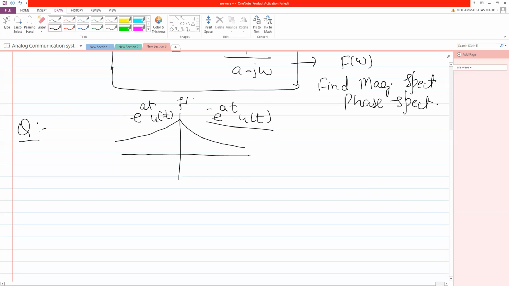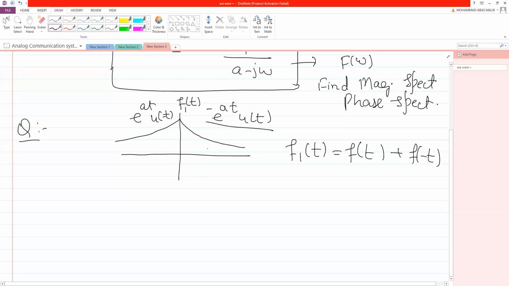This whole signal is your f1 of t. Can I say this signal is nothing but f of t plus f of minus t?